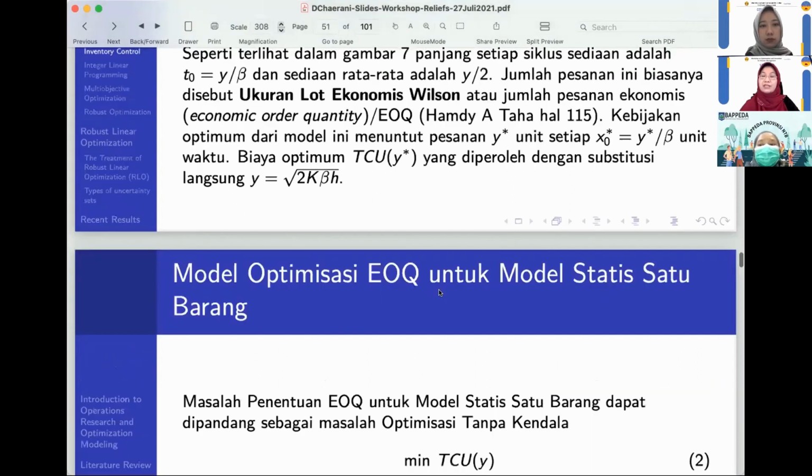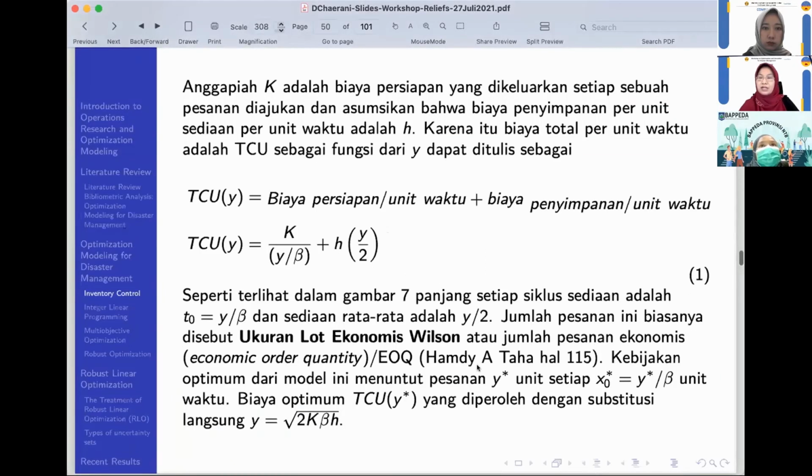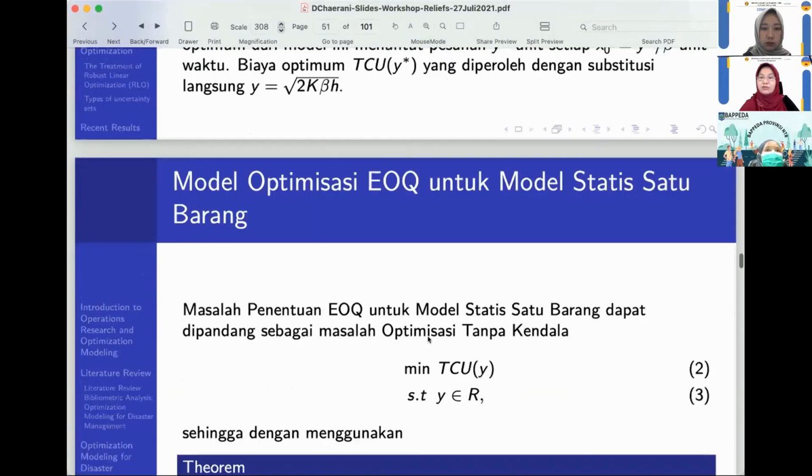Kalau masalah ini kita pandang sebagai masalah optimisasi, maka saya tinggal memberikan fungsi tujuan. Contoh tadi adalah tahap modeling, model matematikanya, tapi belum menggunakan optimisasi. Kalau sudah bicara model optimisasi, Bapak dan Ibu harus menentukan tujuan.